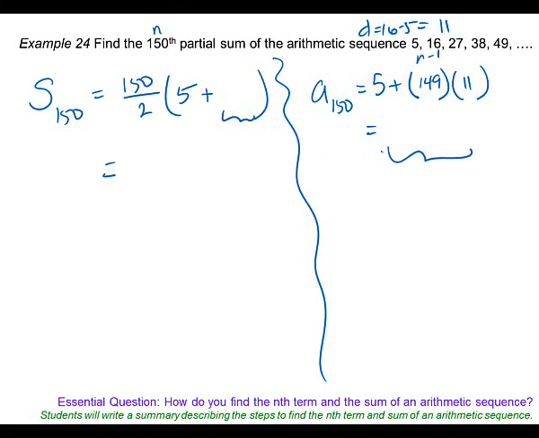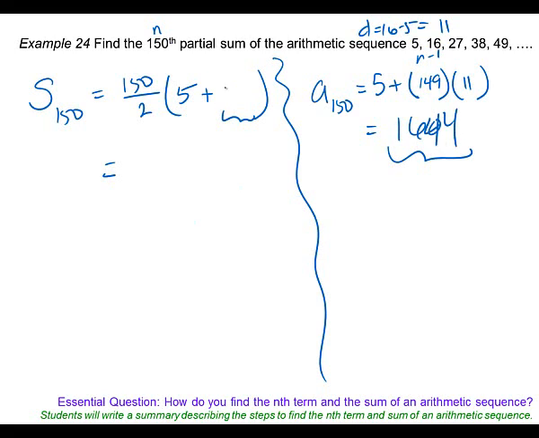I'll give you about 20-30 more seconds to get both numbers. Okay, what do we get for the 150th term? 1,644.